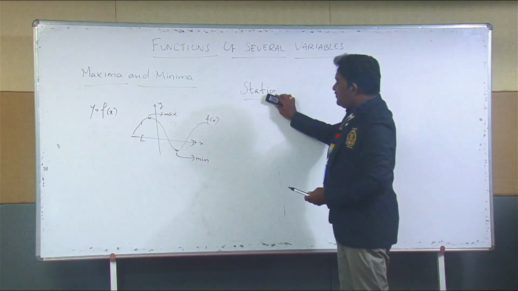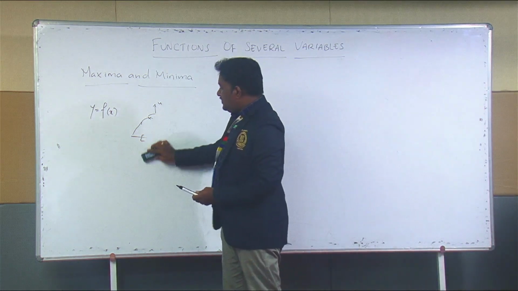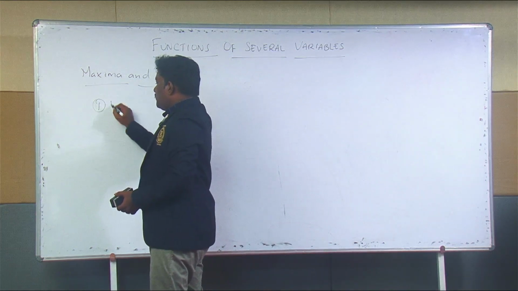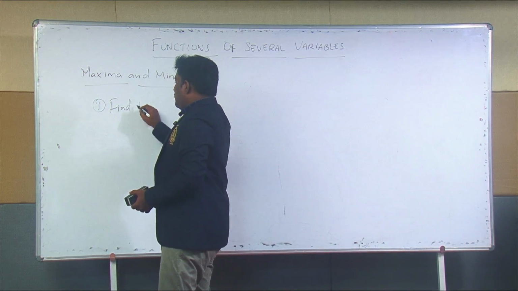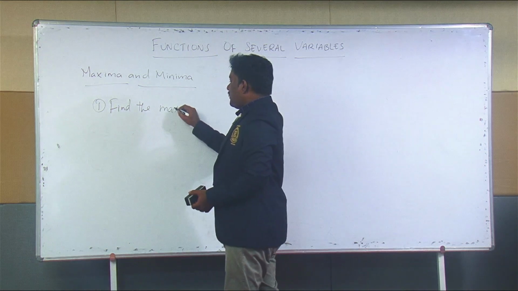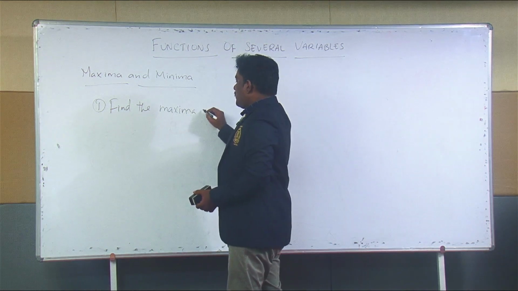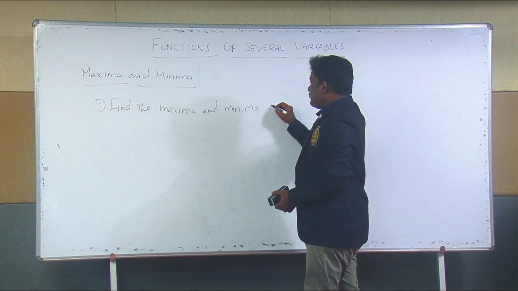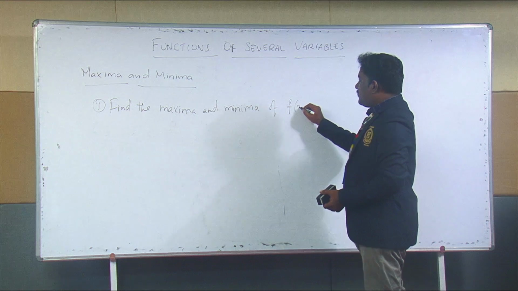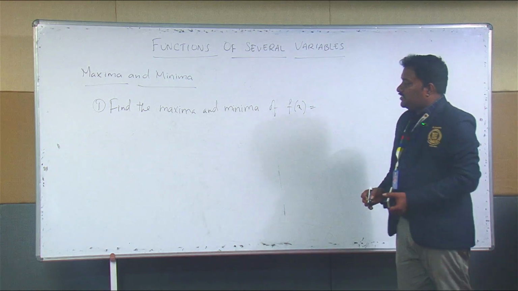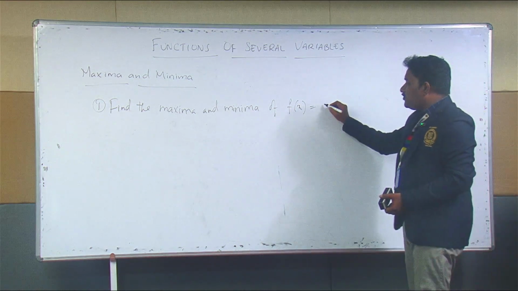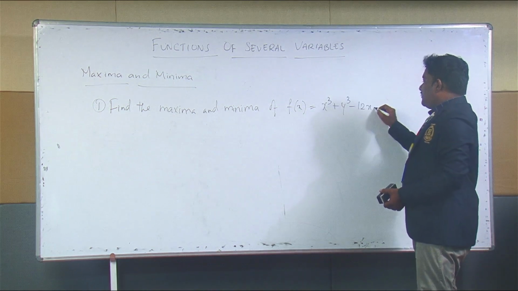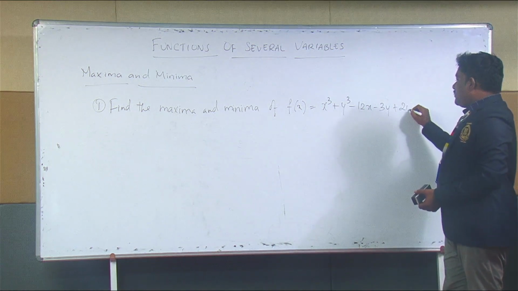Now we will write a problem and solve it. Find the maxima and minima of f of x equal to x power 3 plus y power 3 minus 12x minus 3y plus 20.